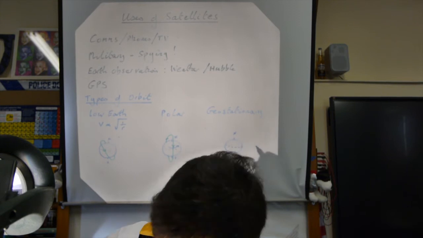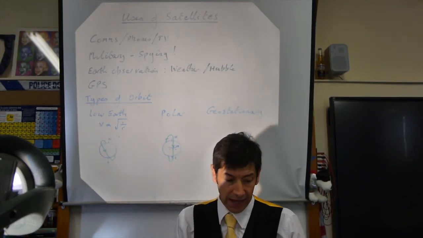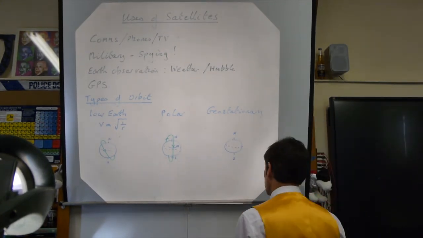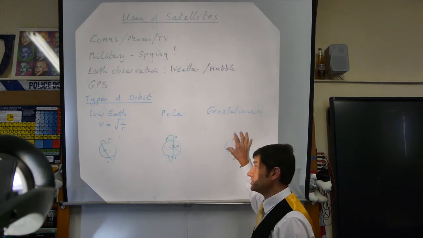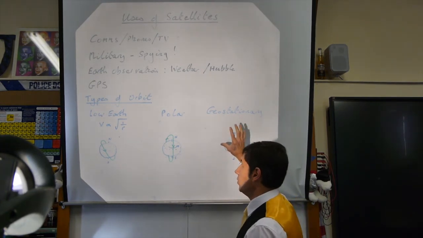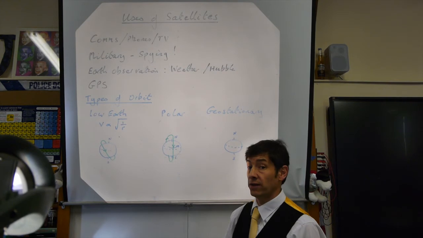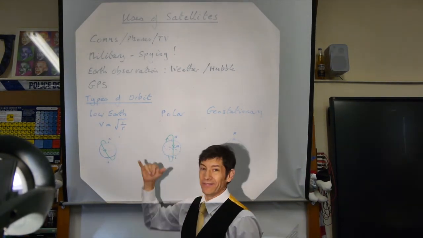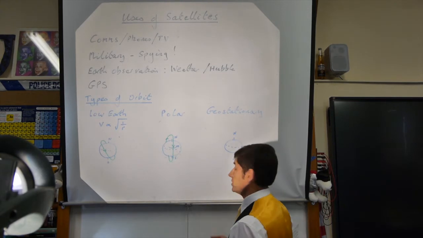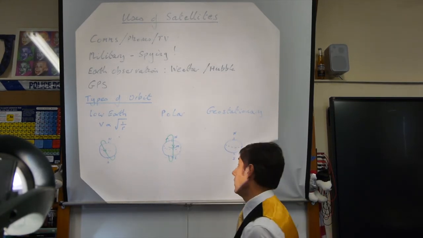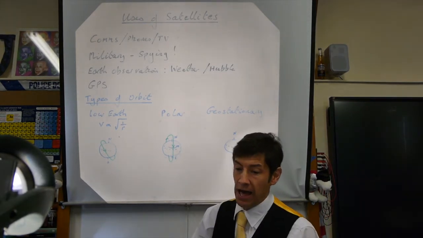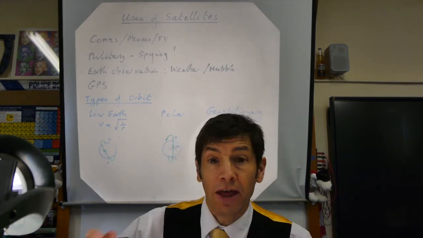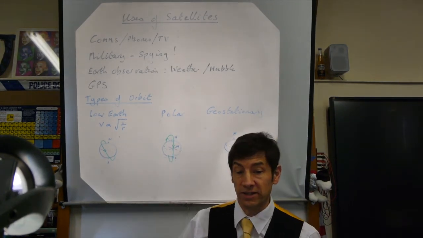There are lots and lots of geostationary satellites. They are all taking 24 hours to go around the Earth, so they've all got the same velocity, and therefore they are all at the same radius, which means the geostationary orbit is quite cluttered with satellites, and they're all around the equator.